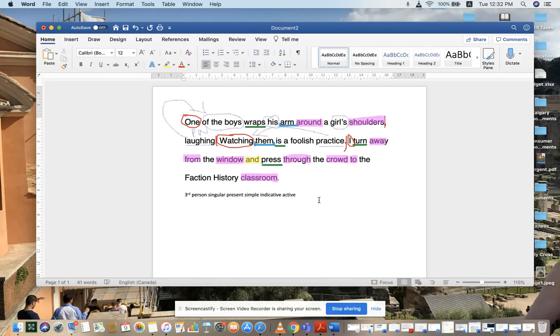Then we have watching them. So watching is another third person, is, that's 2 third person singulars. And then I turn and I press is first person singular present simple indicative. So I'm just going to copy and paste this here and put first person singular, present simple, indicative. So 4 predicates as we established at the start.